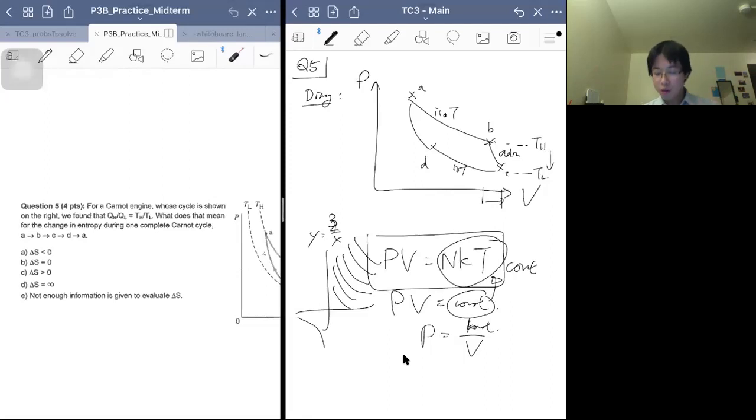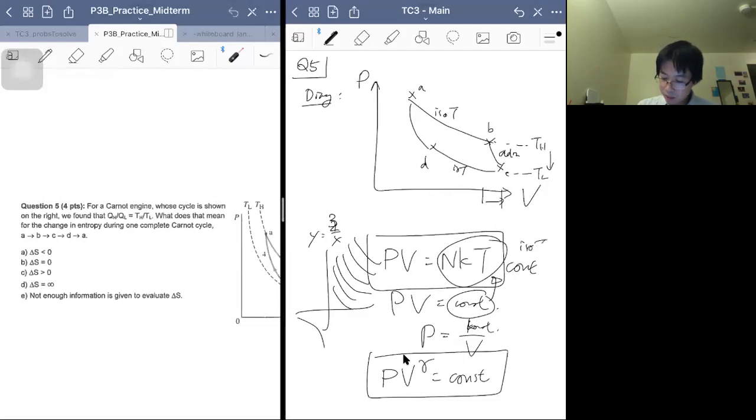You can go through a long derivation and derive this relationship for the adiabatic process. Gamma for a monatomic ideal gas is 5/3. For a diatomic one it is 7/5, but usually you won't get that in this exam. It's going to be the simpler case.